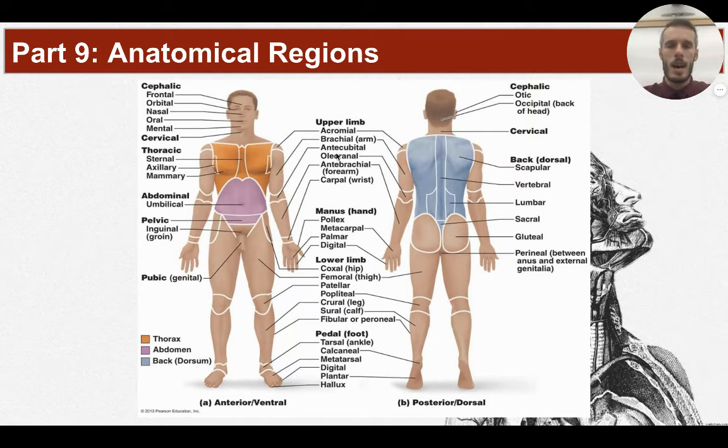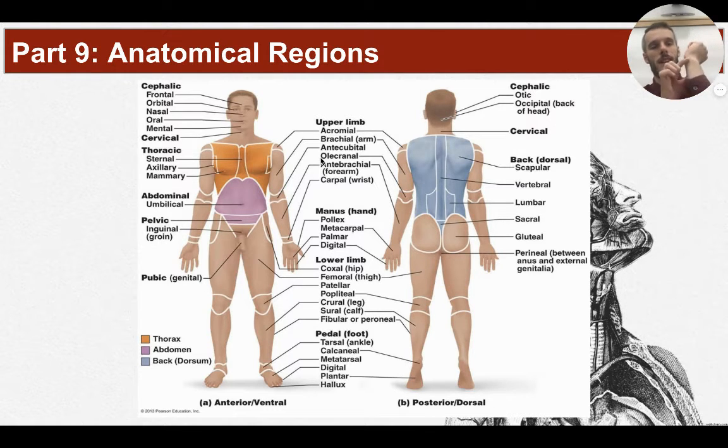So inside of the elbow is antecubital, and the outside is olecranal. As you move down your arm, your forearm is the antebrachial. So upper arm is brachial, forearm is antebrachial.